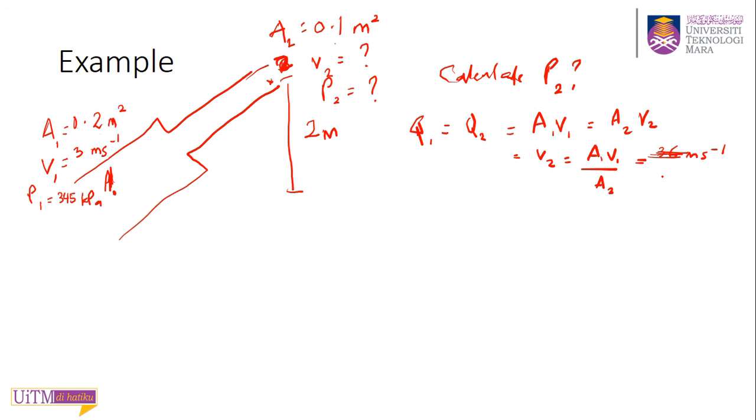Okay, I got the area wrong, I used 1.2. Sorry, this is 0.2, A1 is 0.2 meter square.